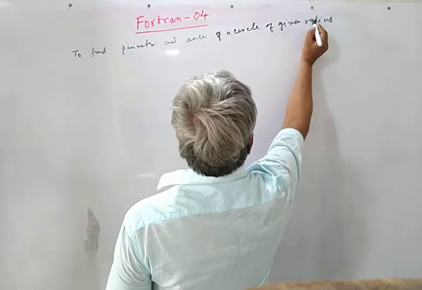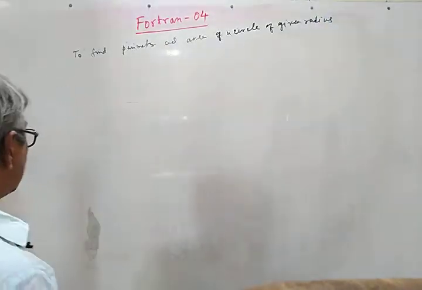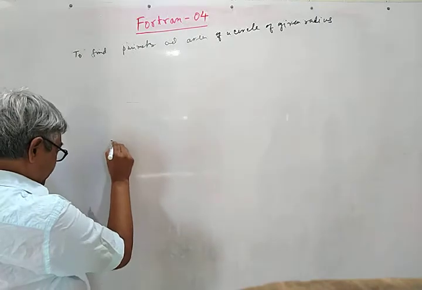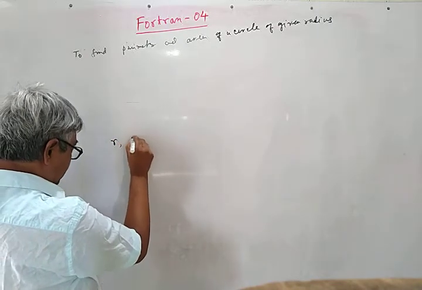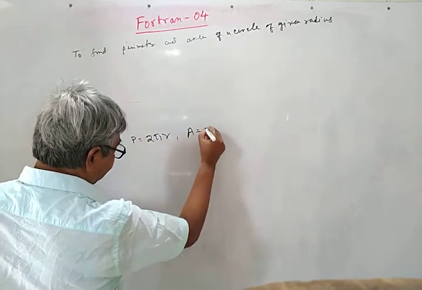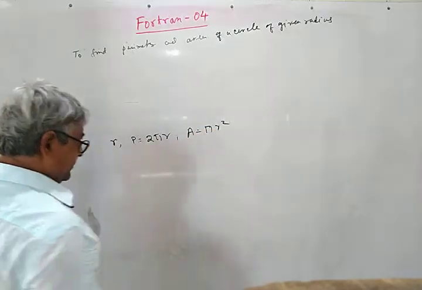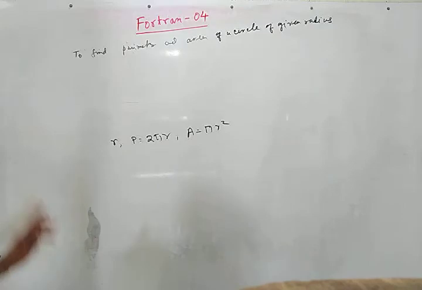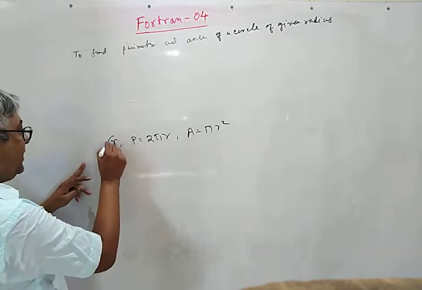This is our problem. So we know that if r be the radius of a circle, then its perimeter p is equal to 2 pi r and area is pi r square. So we have to write this; r will be the input.